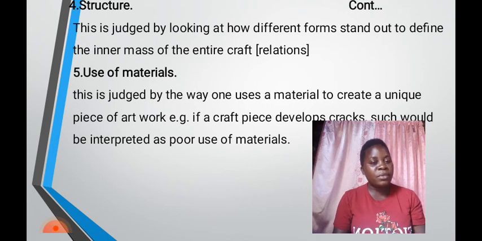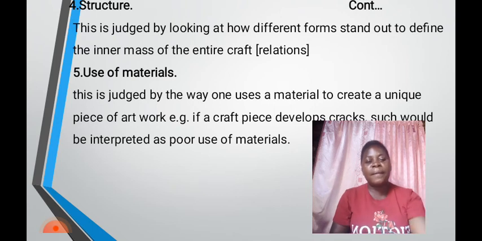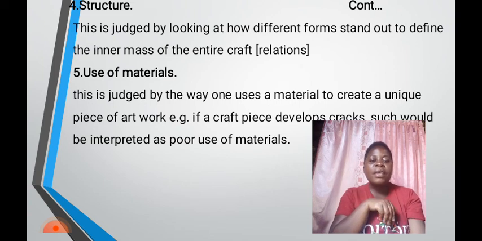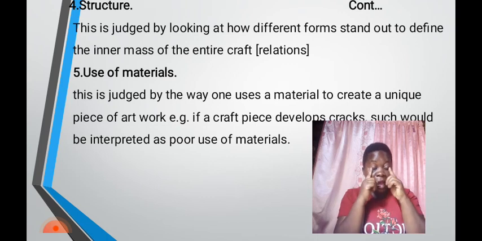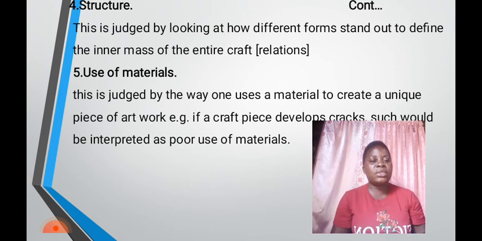Then what are forms? I normally give an example of the structure of a human being. The moment you fail to draw their hands properly, you fail to draw their mouth in the right way, you fail to draw their nose or their eyes in the right way, there you will have failed the structure. Are you getting it? Because the forms define the structure.